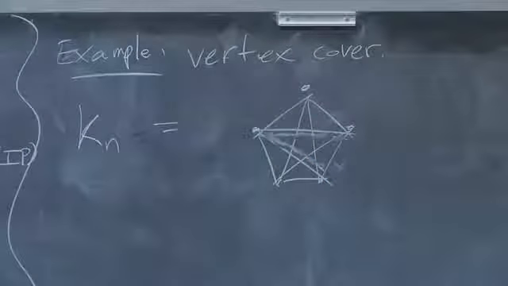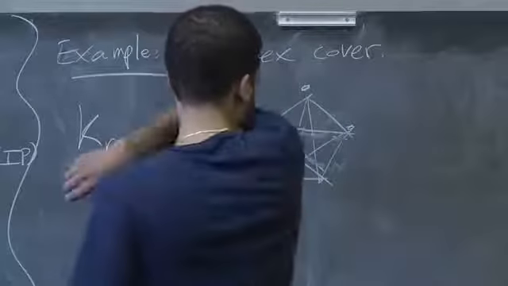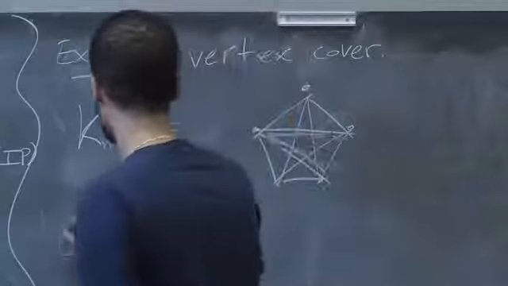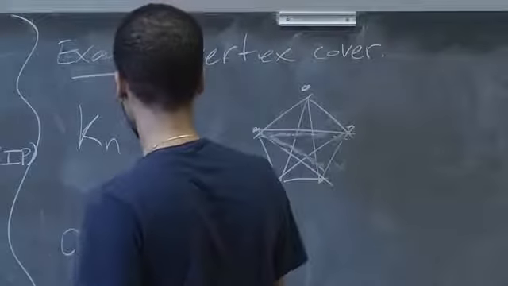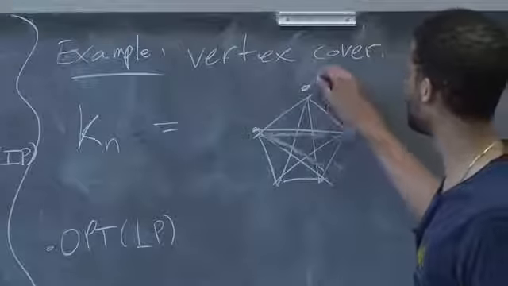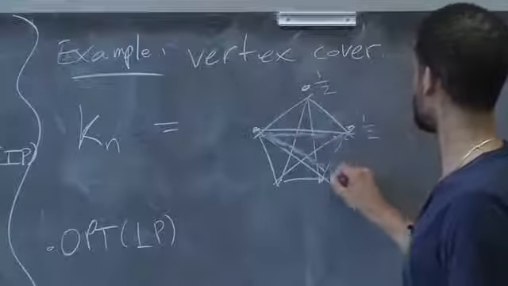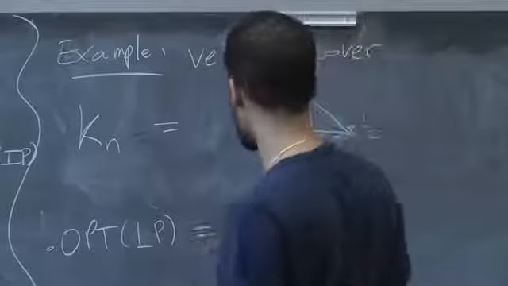So opt of the fractional, of the LP relaxation. Well, what can we do? We can put a half on every vertex. That will be a feasible solution. In fact, that is the optimal solution.